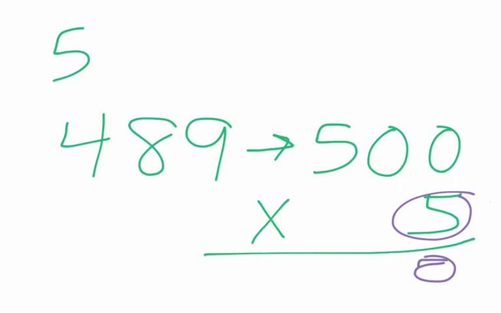Wow, I almost wrote 5. 0 times 5 is 0. 5 times 5 is 25, making her answer exactly correct, okay? So she estimates that it would be 2,500. Is her estimate reasonable? Yes, because she rounded 489 to 500 just like we did, and she got an answer of 2,500.